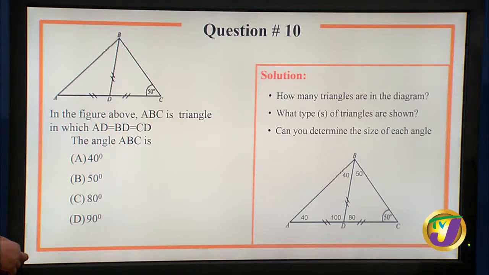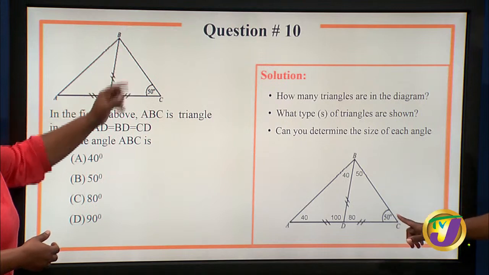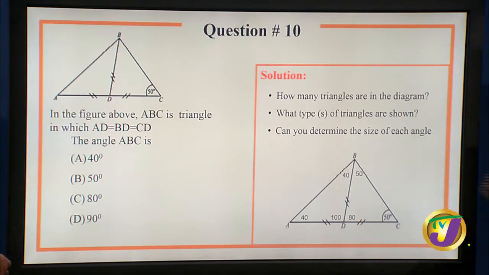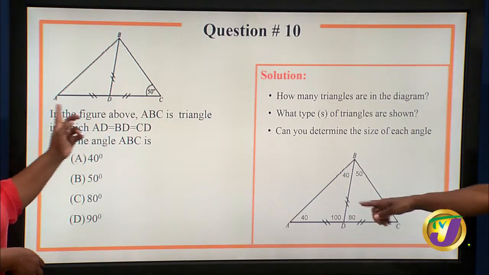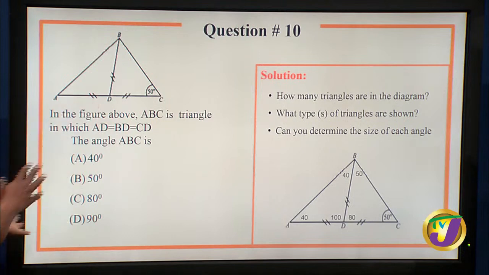The sum of the angles in a triangle is 180. So if we have 50 and another 50, that is 100, and the angle here would be 80. Angles on a straight line: if right here is 80, then the adjacent angle would be 100 degrees.